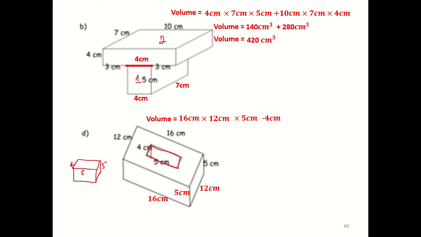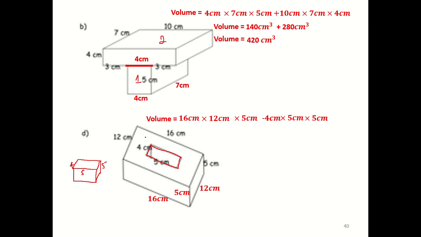So this is the box that has been cut out. All right, I'm going to put it on the side and calculate the volume of that box, which is 4 centimeters multiplied by 5 centimeters multiplied by 5 centimeters, which is that rectangular prism I've cut out in red. I'm going to deduct the volume of that prism because it has been taken out of the whole prism, the total prism, the full prism.